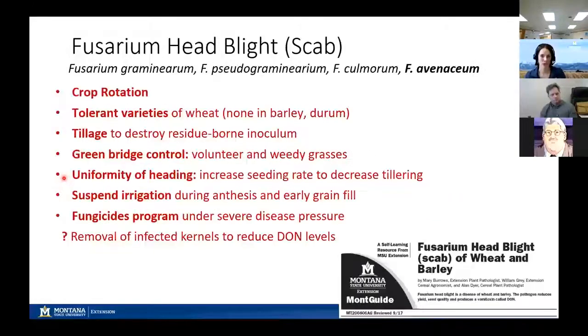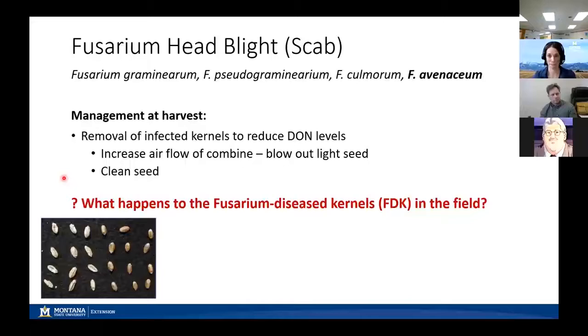One thing that I wanted to point out, sorry, often it is also recommended, to increase the quality of your grain and reduce the number of infected kernels in your grain lot, to increase the airflow of your combine during harvest to separate these lighter Fusarium diseased kernels from the rest of your grain. And so thereby cleaning your seed and just achieving a higher quality in your seed lot.